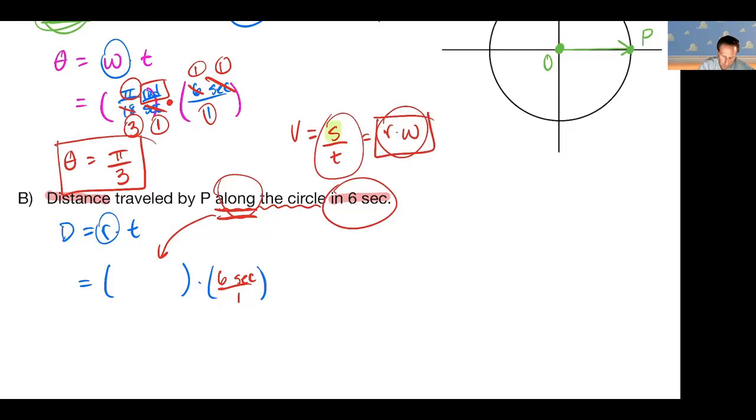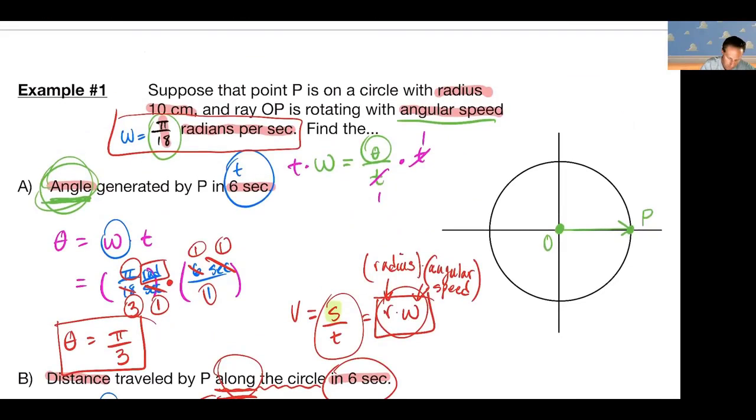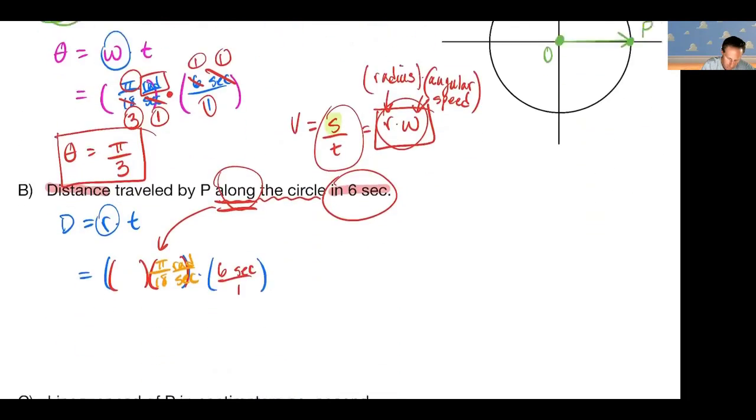So remember that R times W is now our radius and our angular speed that we have both of. So those are the 2 things that I'm going to be punching into there. The angular speed, which we had all along, that was the pi over 18 radians per second. And then the radius length, which they also gave us, which was 10 centimeters.